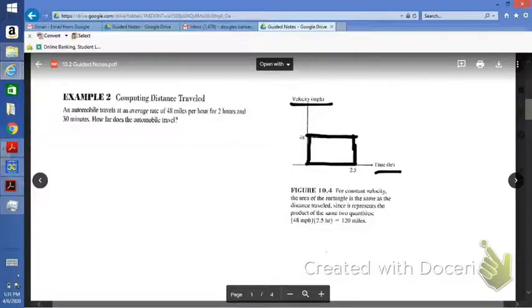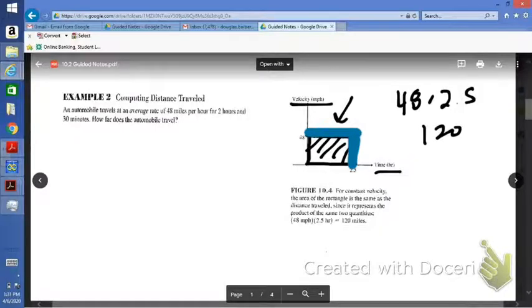So what we have here is, if we find the area of this rectangle, notice we would be taking 48, which would be our height here, and then we would be multiplying it by the length, which would be 2.5. So you would have 48 times 2.5, and that would give you your 120.